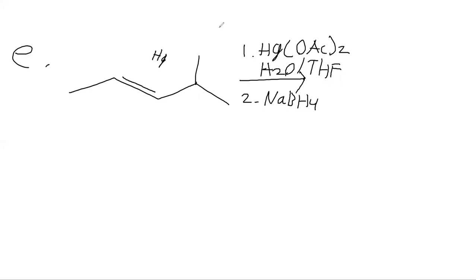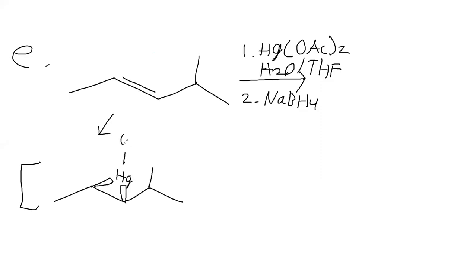Actually, off the top of my head, I probably shouldn't do this, but I'm not gonna do the electron pushing, but I can show the intermediates at the very least. At least some of them. I'm pretty sure that's what happens.